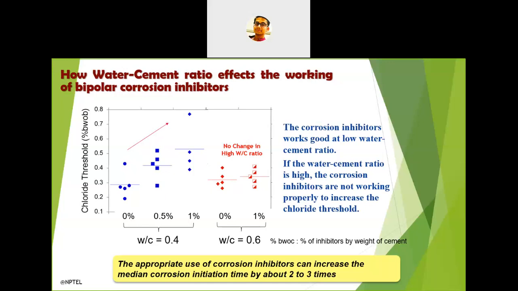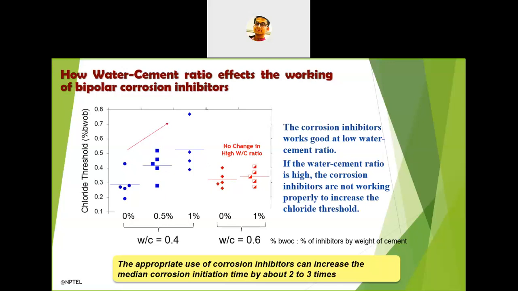Now we'll see some parameters based on the water cement ratio of the concrete system. These are examples of tests done in the lab of IIT Madras. They saw that for the control structure, at 0% addition of inhibitors, the chloride threshold of the concrete system was found to be 0.3.